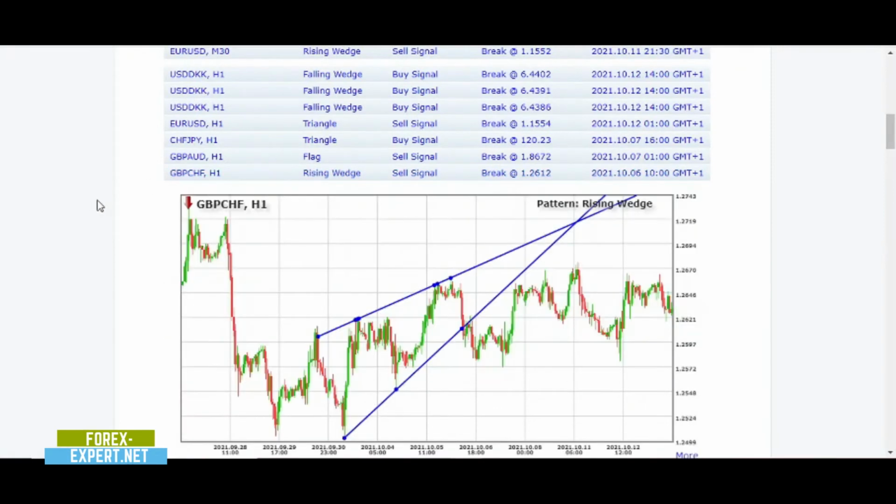Okay, let's jump to the British pound and the Swissy. So the opposite of the first trade. As you can see, the price action doesn't really look so promising, even though speculation is very high.